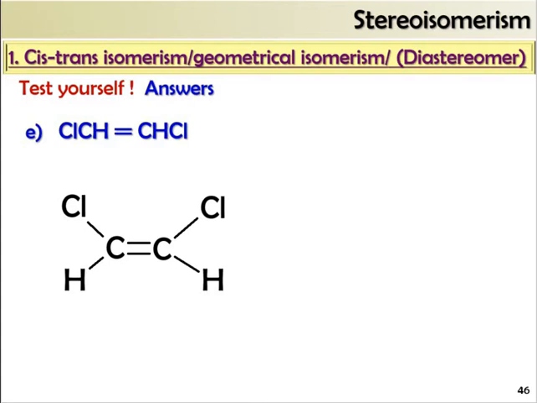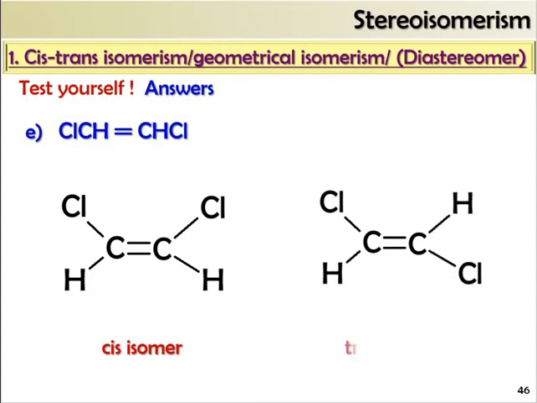And then this one, okay, we have a cis-trans isomer because each of the carbons of the double bond, which is restricted rotation, has different atoms, hydrogen and chlorine. So if the hydrogens are on the same side, it is the cis isomer, opposite side is the trans isomer.